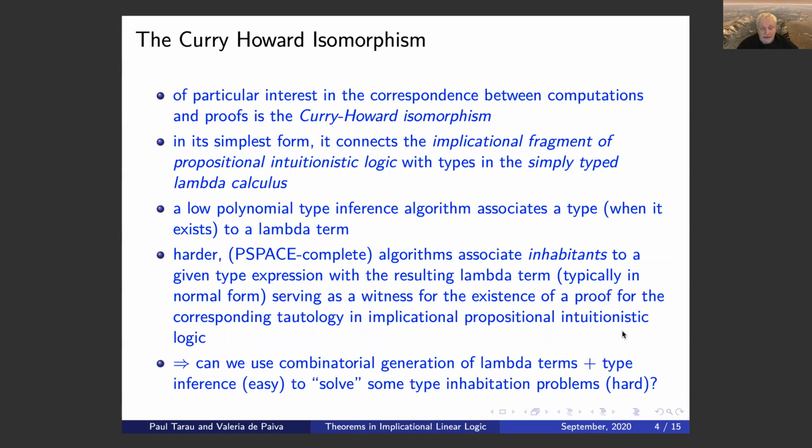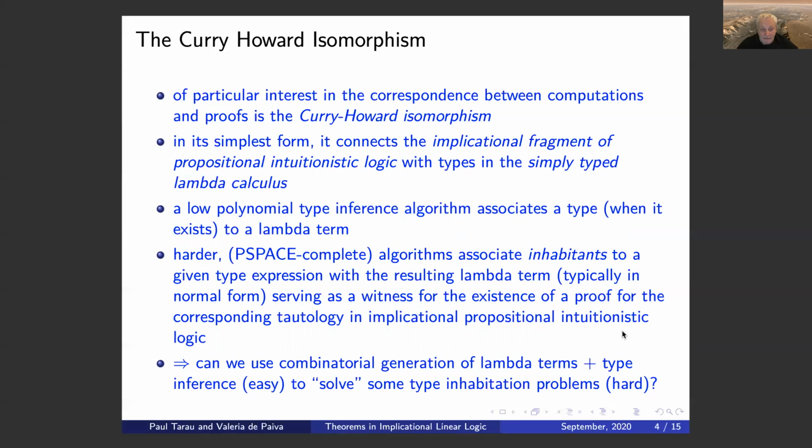So let's look a little bit into the Curry-Howard isomorphism. It's of particular interest because it describes how computations and proofs of theorems relate. In its simplest form, it connects the implicational fragment of propositional intuitionistic logic with types in a simply typed lambda calculus.